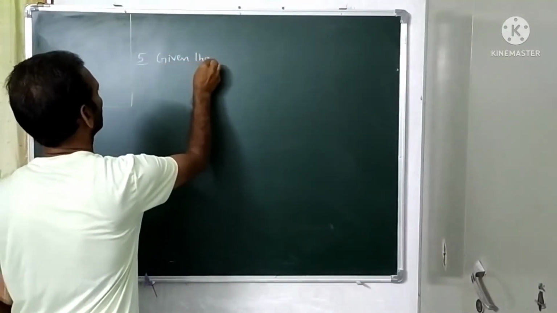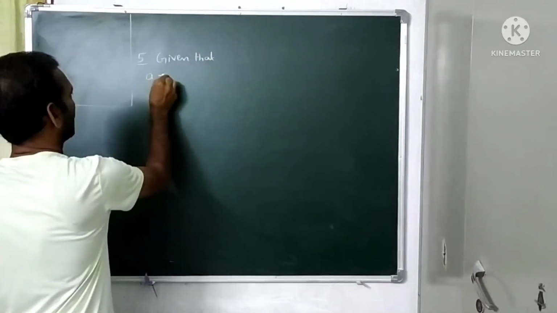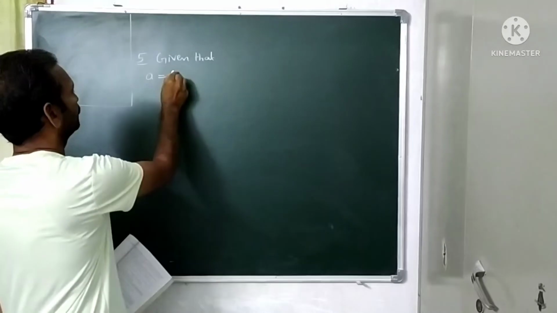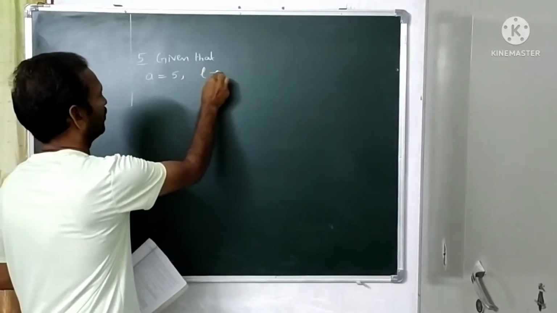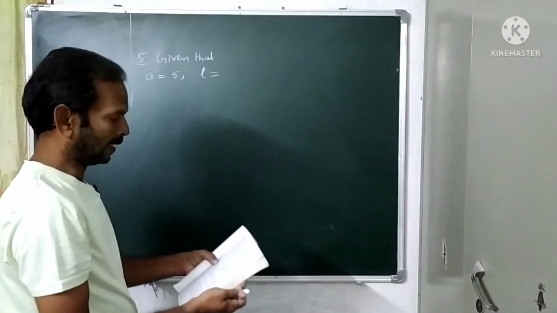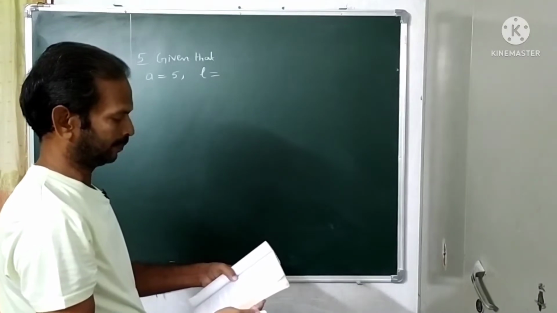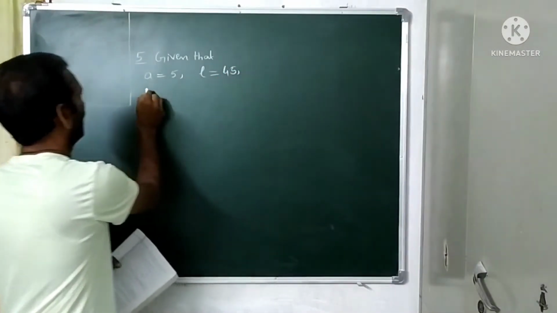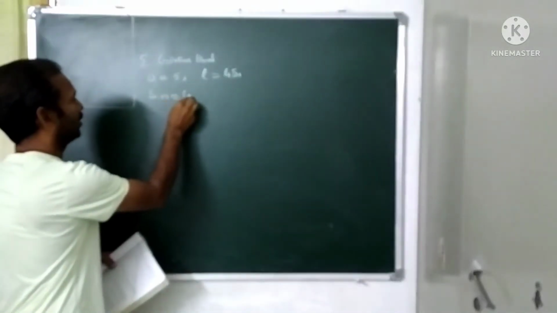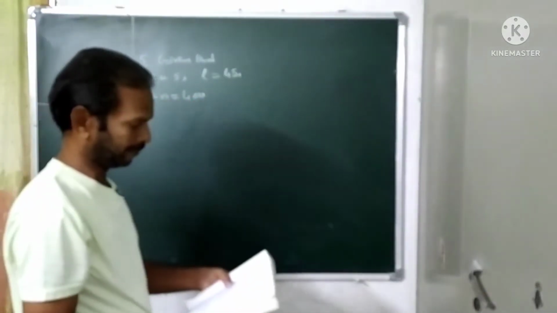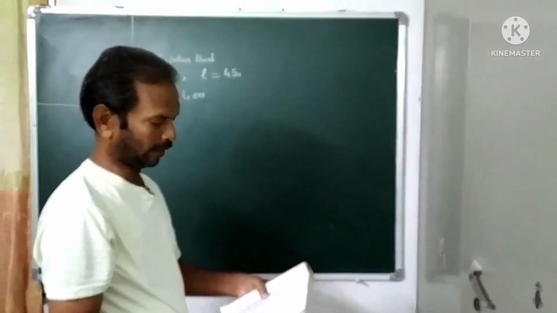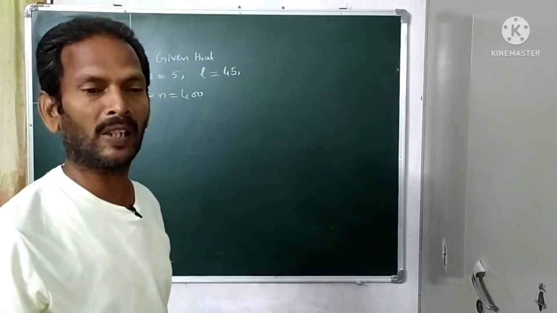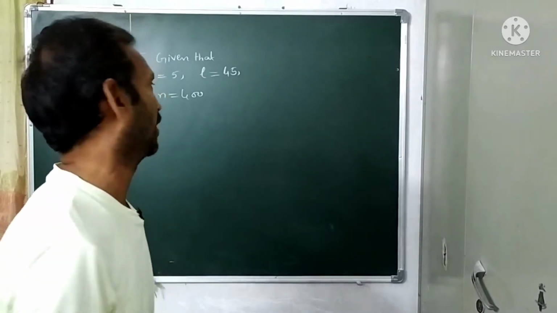Given first term a equals 5, last term l is equal to 45, and Sn is equal to 400. Find the number of terms and the common difference. So n value you have to calculate and d value also you have to calculate.